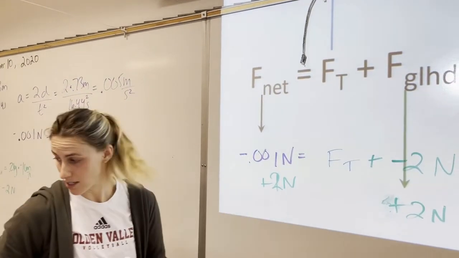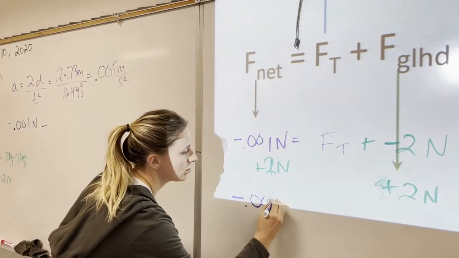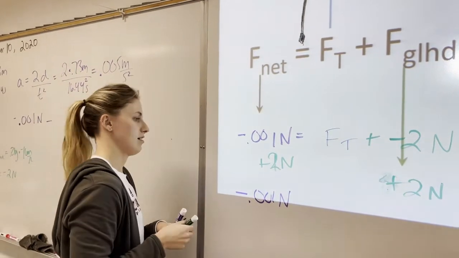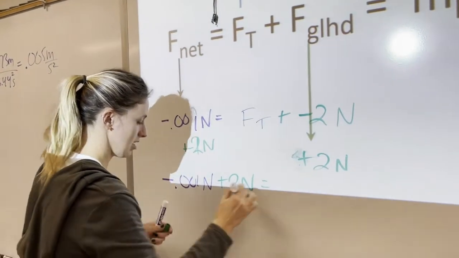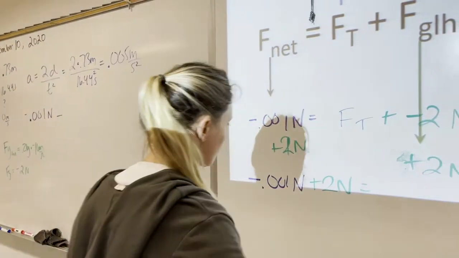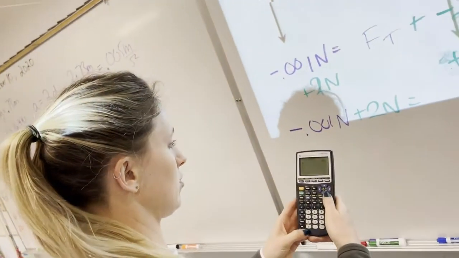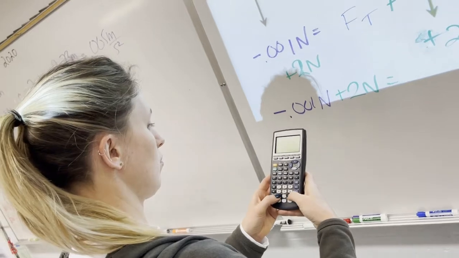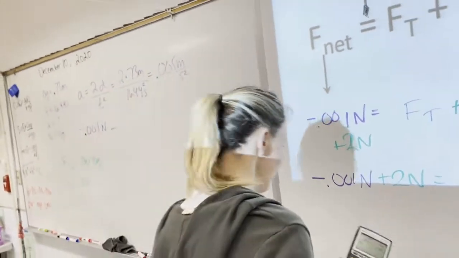So let me go ahead and plug this in my calculator. We've got negative 0.001 newtons plus 2 newtons. And this is going to equal 1.999. So should we call it 2?